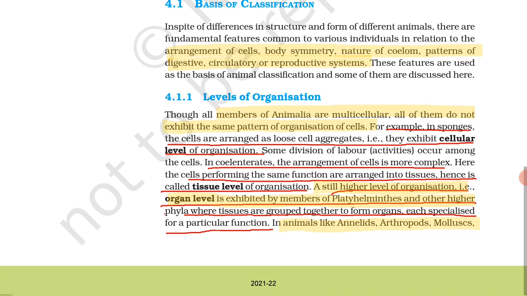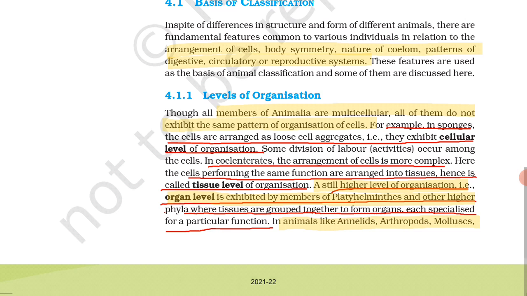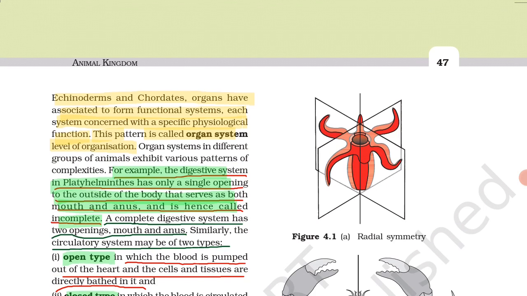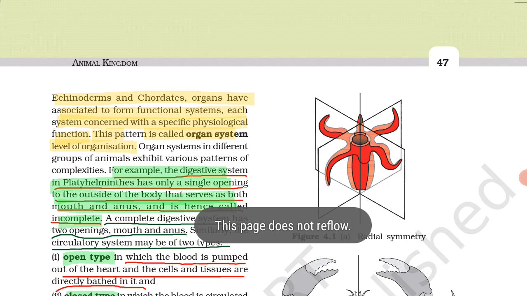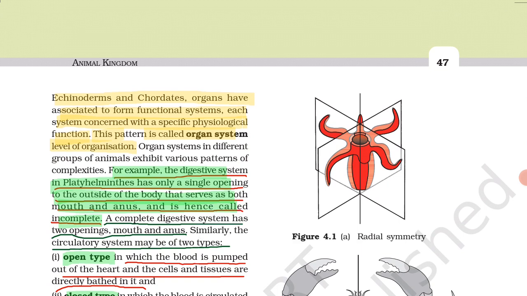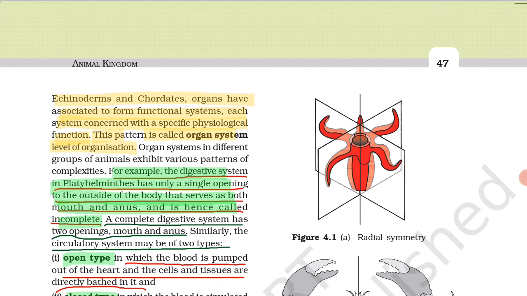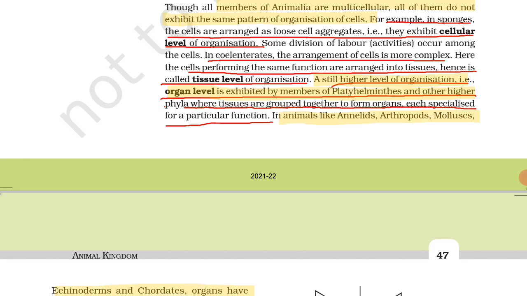Next, in animals like annelids, arthropods, molluscs, echinoderms and chordates, organs are associated to form functional systems, each system concerned with a specific physiological function. This pattern is called organ system level of organization. Means what?